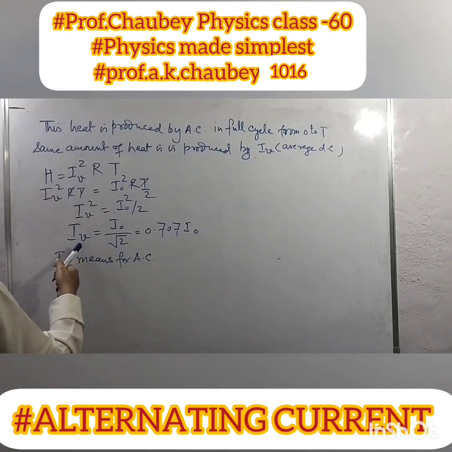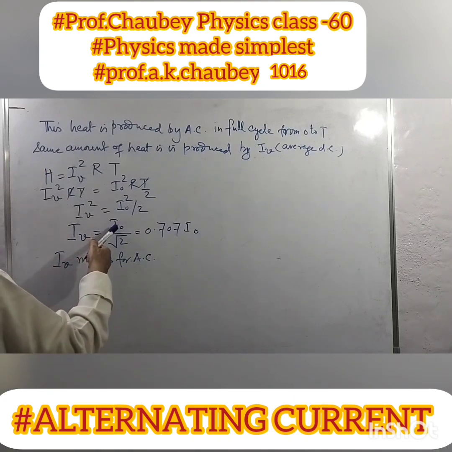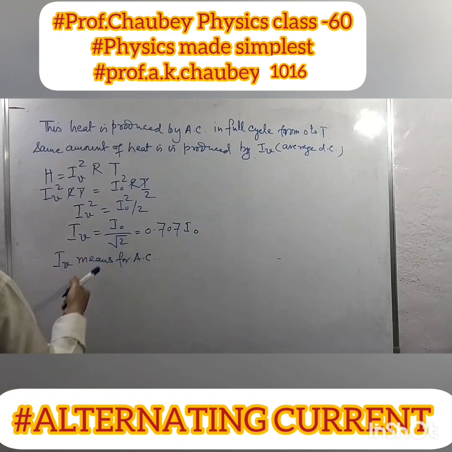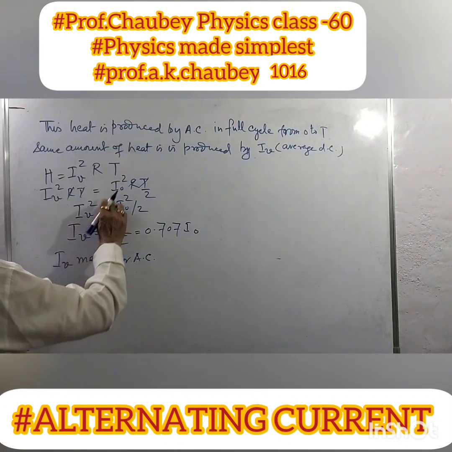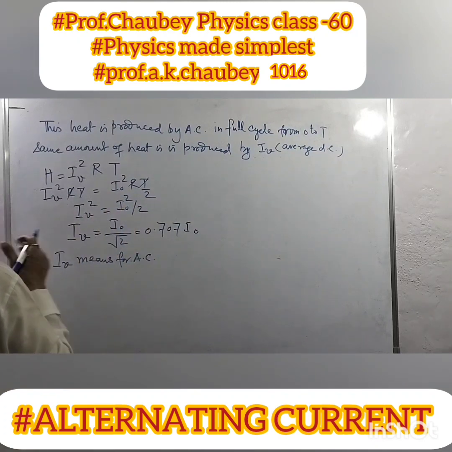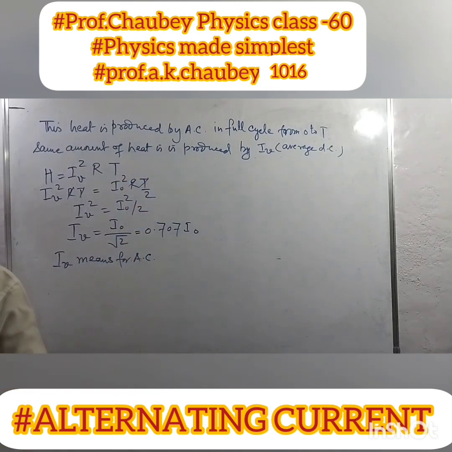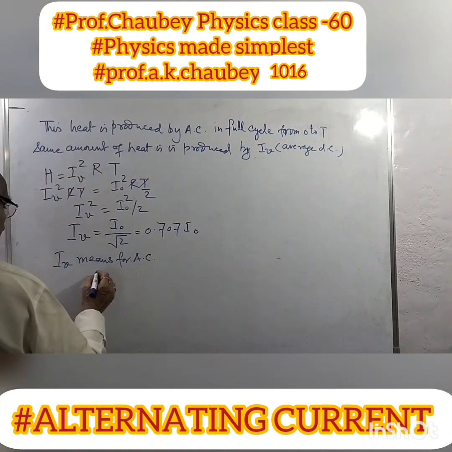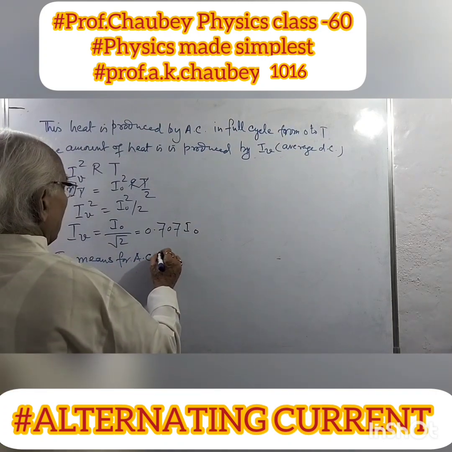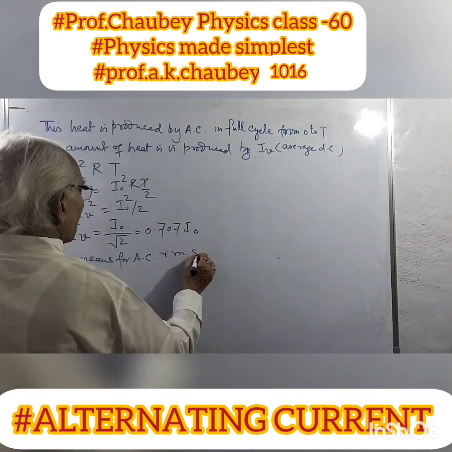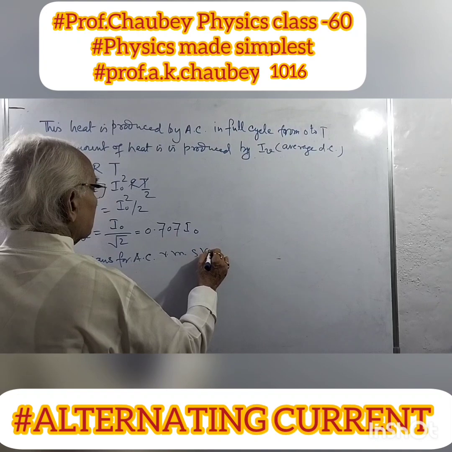This is the maximum, and this is under root. I V is under root of this, so I naught: root mean square, root of the square. So it can be shown that the virtual or RMS value of an alternating quantity is given by, for AC, the RMS value.